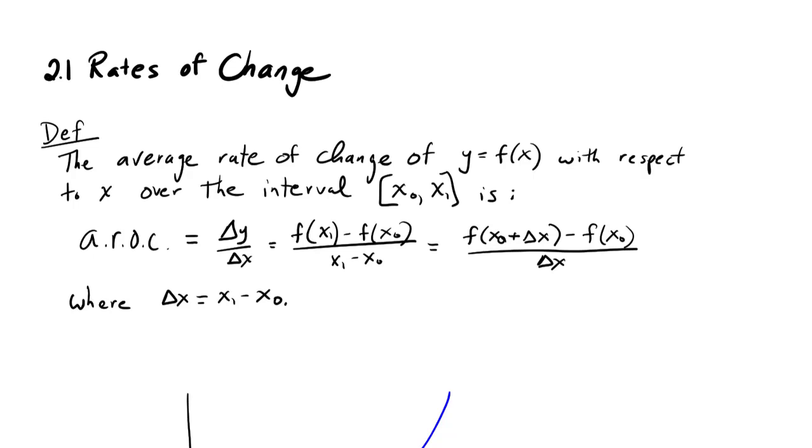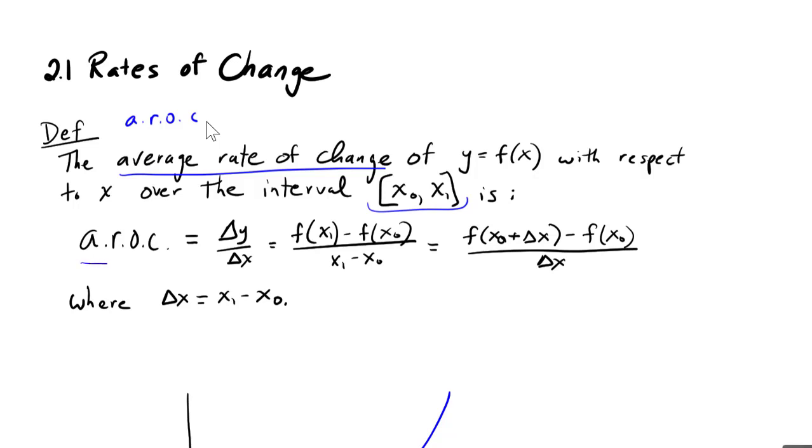So the first thing we're going to look at is what's called the average rate of change. A lot of times we'll denote this AROC, average rate of change. So the average rate of change of some function y equals f of x with respect to x over the interval x0, x1 is given by, and now we have a couple of different ways to represent this.